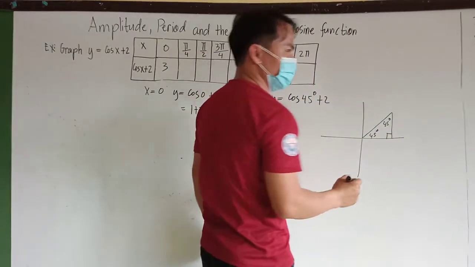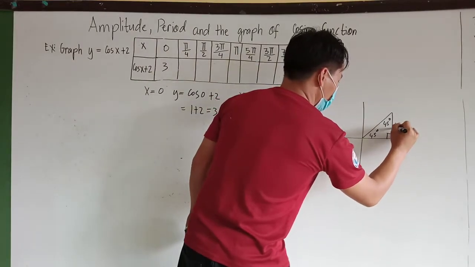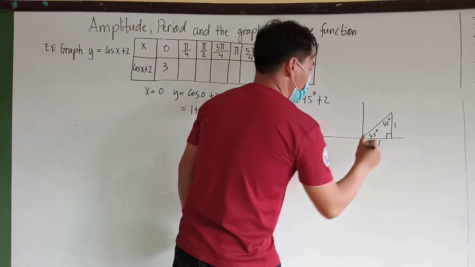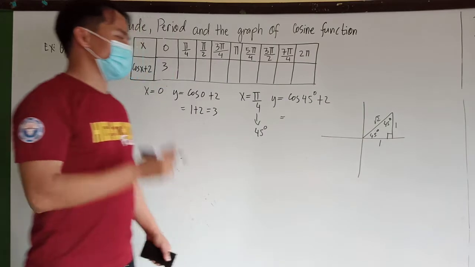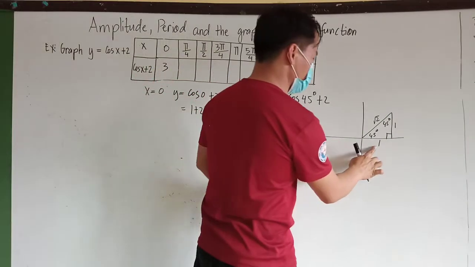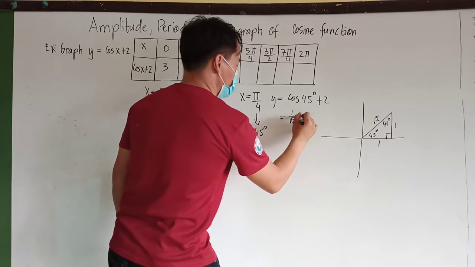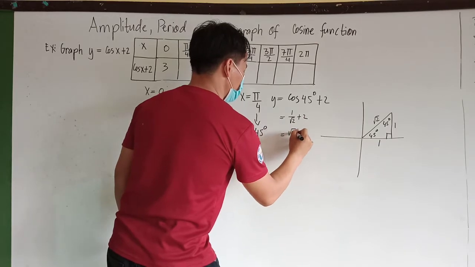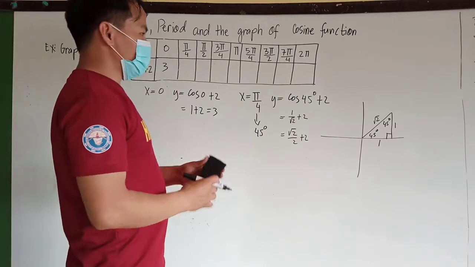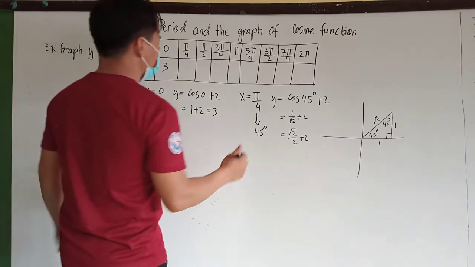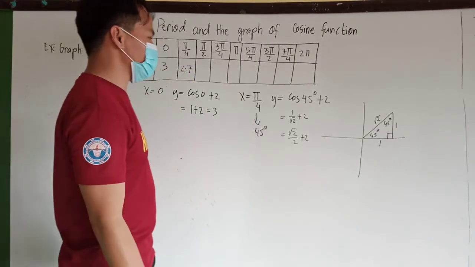According to the theorem for the isosceles special triangle, the side opposite to 45 is 1 unit, and the side opposite to the right angle has square root of 2 units. So cos theta, adjacent over hypotenuse, is 1 over square root of 2 plus 2, or square root of 2 over 2 plus 2. If we simplify that using decimal form, that is approximately 2.7.